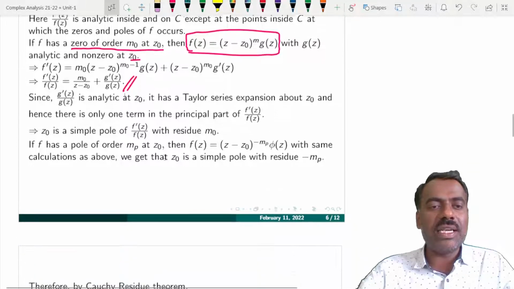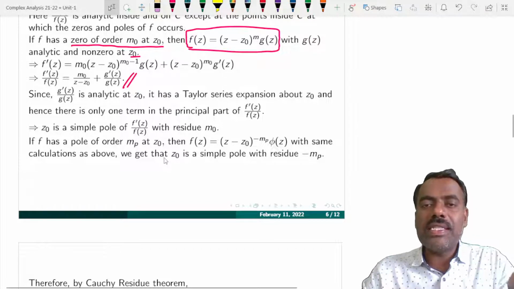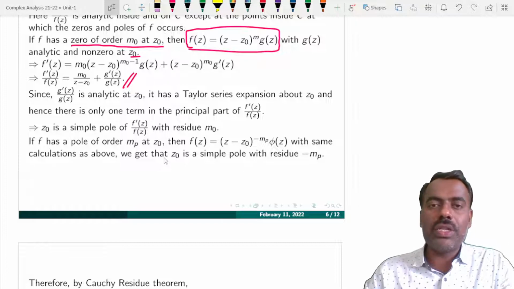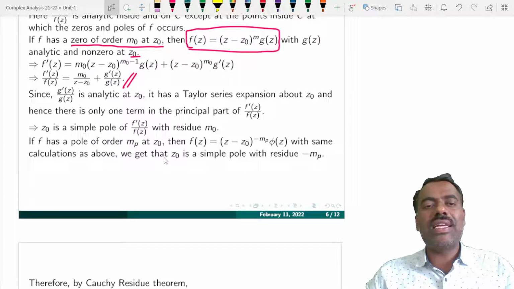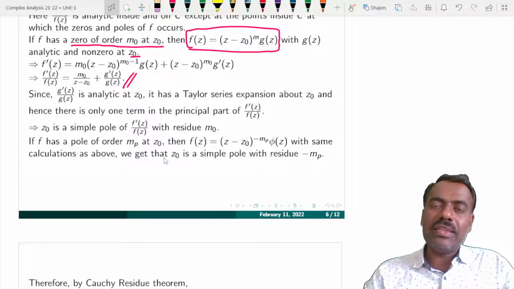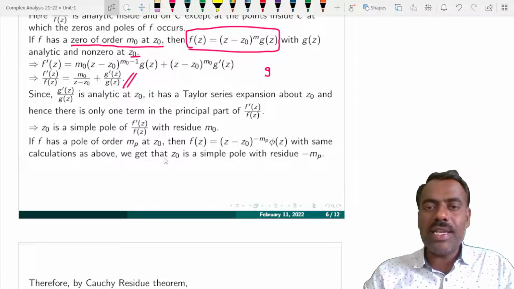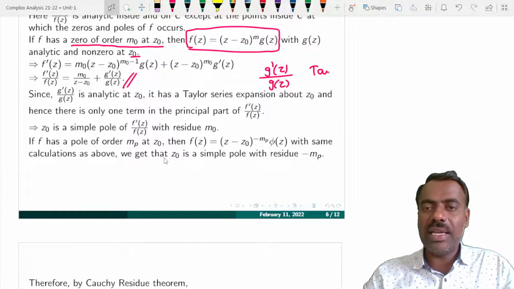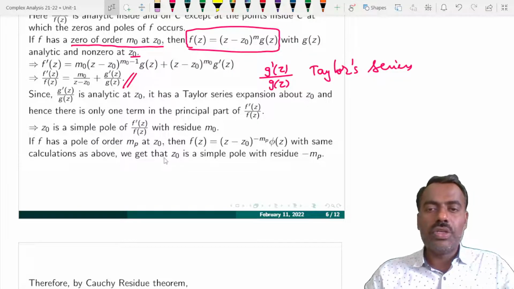Then what it says is that g dash of z upon g of z, because g is non-zero at z naught, so there is no problem. So g dash of z by g of z is analytic at z naught. And once a function is analytic at a point, it has a Taylor series representation about z naught.